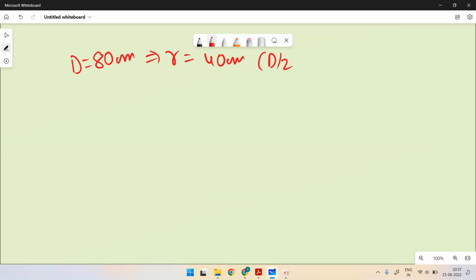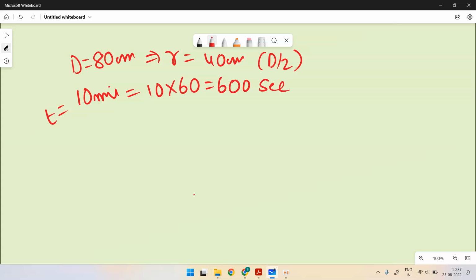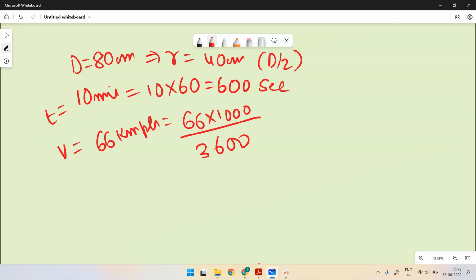D by 2. Time is given to be 10 minutes. We can convert into seconds as 10 into 60, 600 seconds. Speed we are given in kilometer per hour, 66 kmph, which is nothing but 66 into 1000 by 3600.